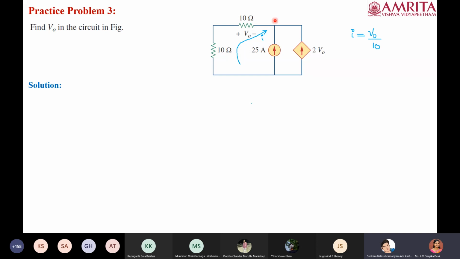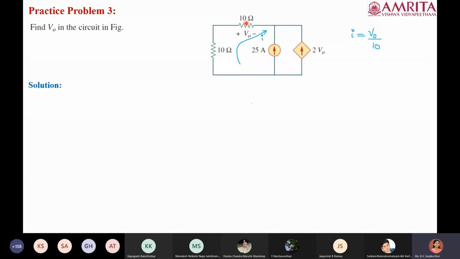Ma'am, when you are writing a nodal equation at the top node, when there is 5 ohm and 2 ohm, which one do we take, V0 by 5 or V0 by 2? No, it depends on which V0 you are considering. For this given numerical, V0 is given across this 10 ohm.